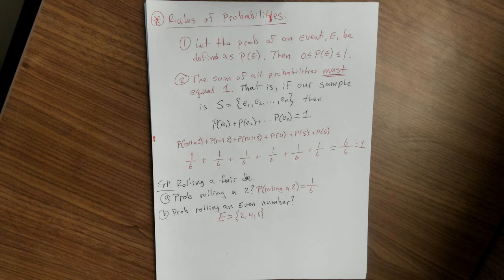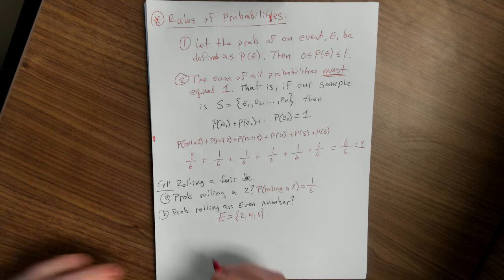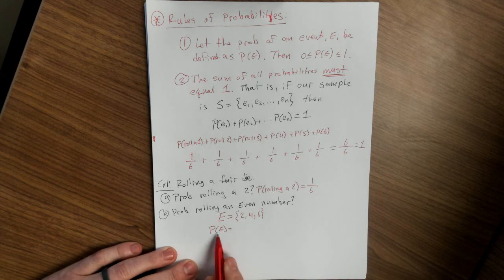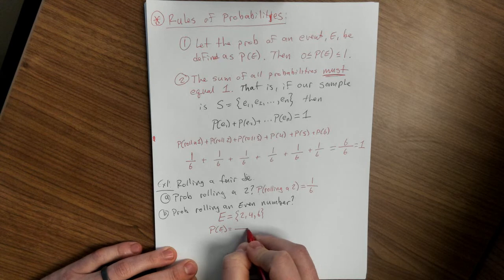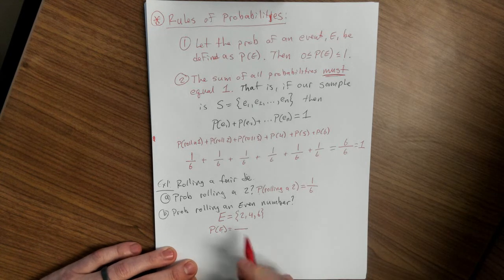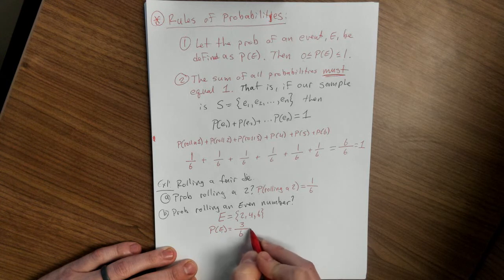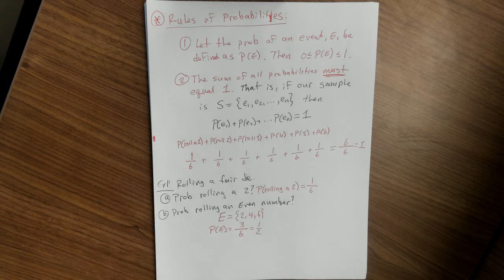So now I can say the probability of capital E, which is the probability of rolling an even number, is equal to, let's do it, there's our divide sign. On top is how many observations we're looking for, and here it's 1, 2, 3 observations out of the total number of observations, 6, which is equal to 1/2. So this is what we're going to start looking to do, labeling events such as this as E.